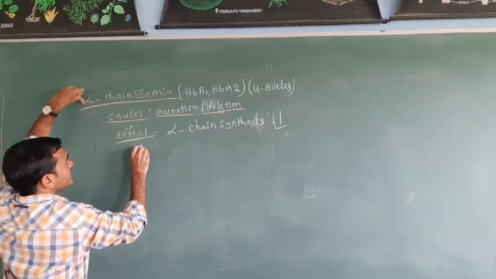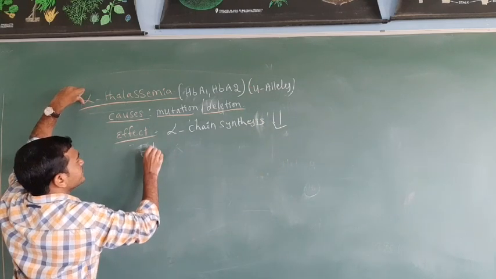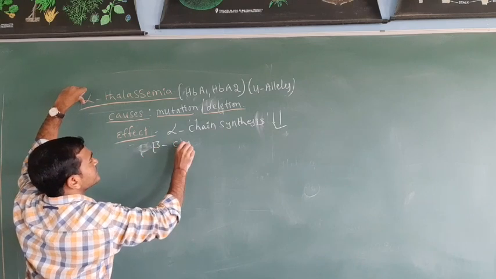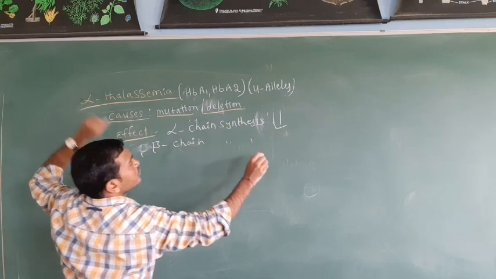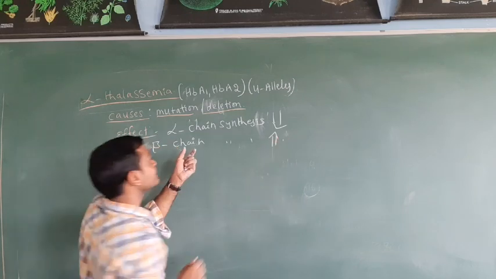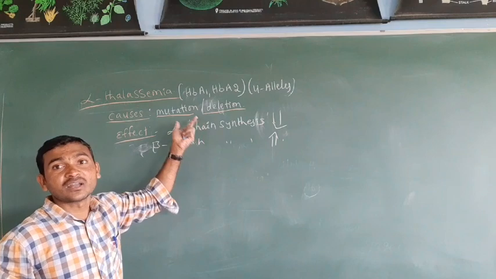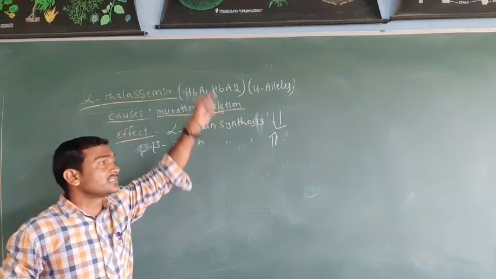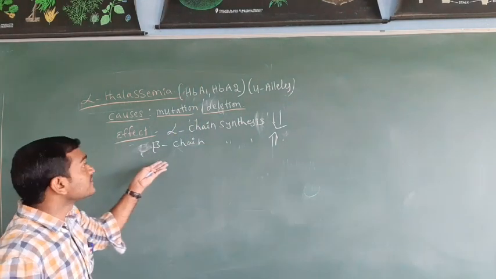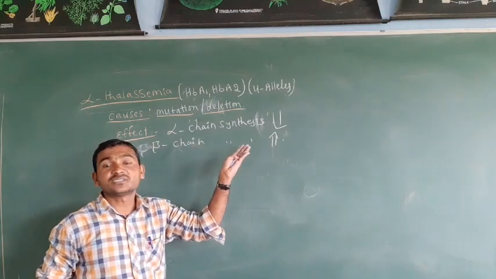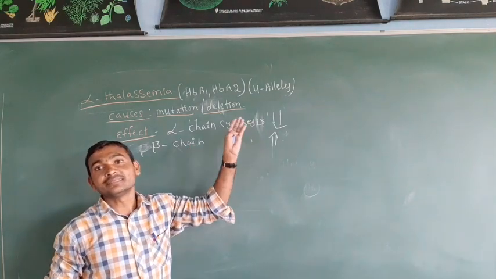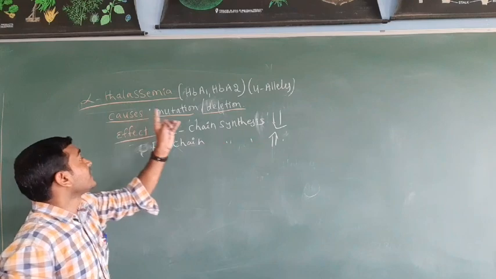Now the beta chain synthesis is going to increase, because the defect is happening in the alpha chain. That's why it's called alpha thalassemia. At that time, alpha chain synthesis reduces. Which chain synthesis is increasing? The beta chain synthesis increases during alpha thalassemia.